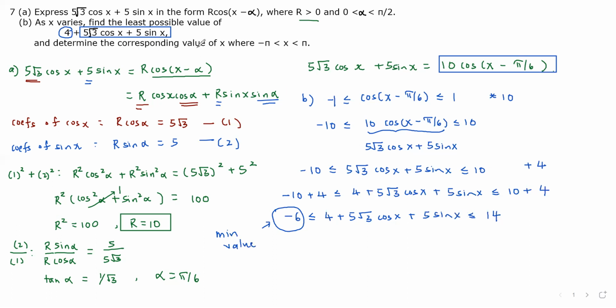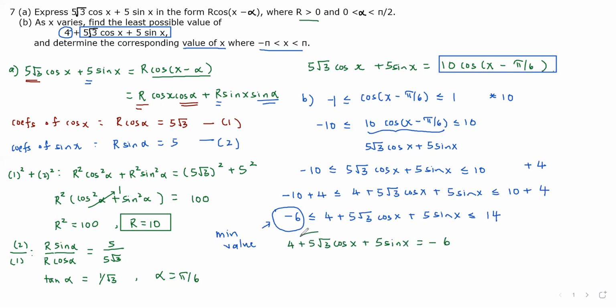We need to determine the corresponding value of x, where x is between minus pi and pi, at this minimum value. So at this minimum value, we have 4 plus 5 root 3 cos x plus 5 sin x equals -6.